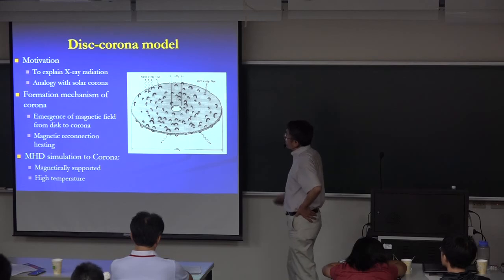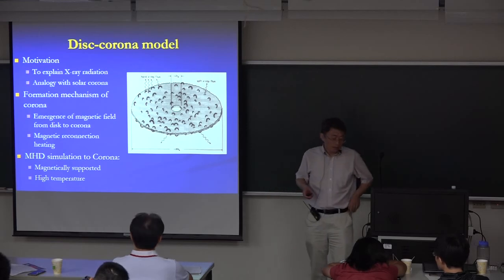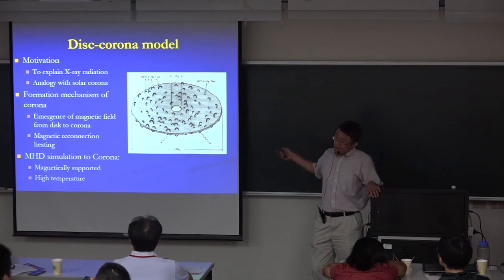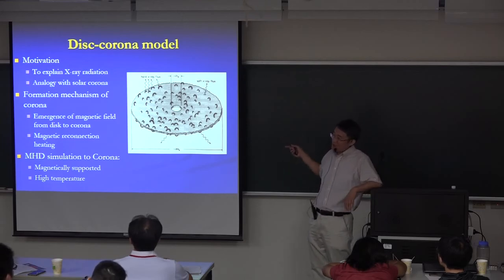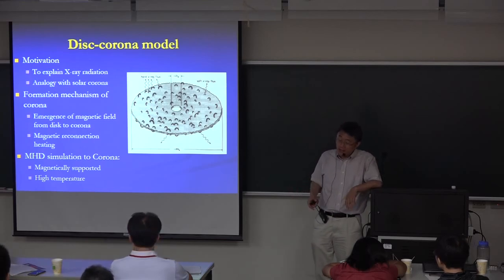Now we talk about the disk corona model, because this kind of model is frequently mentioned in the literature, especially in X-ray observation papers. Many observers like to use this phenomenological description for X-ray radiation. They usually say the X-ray is emitted by the corona.